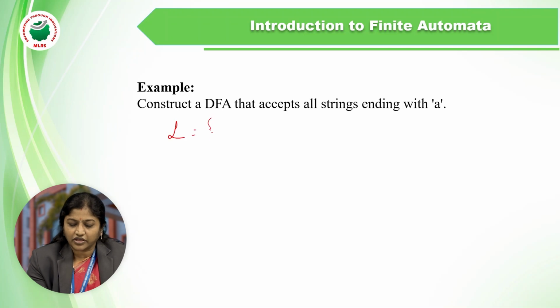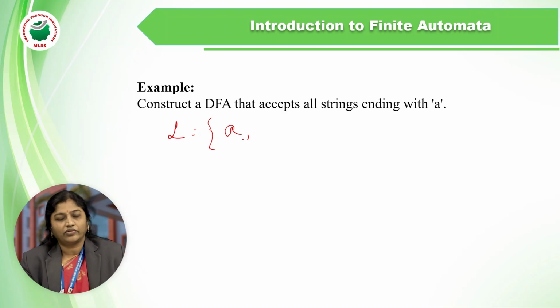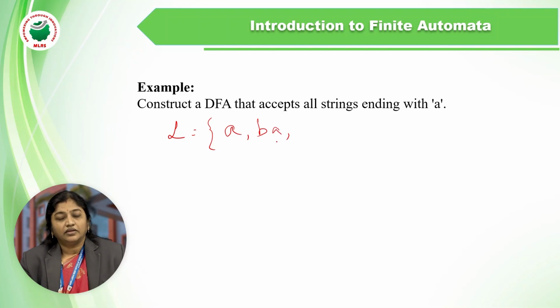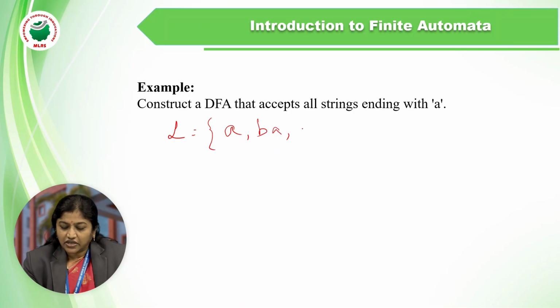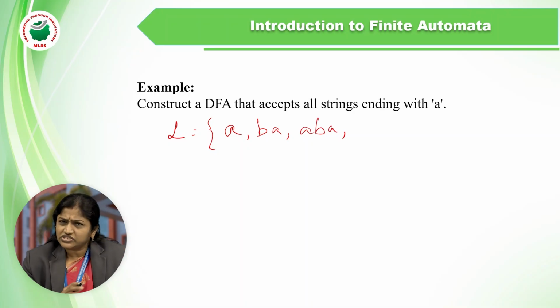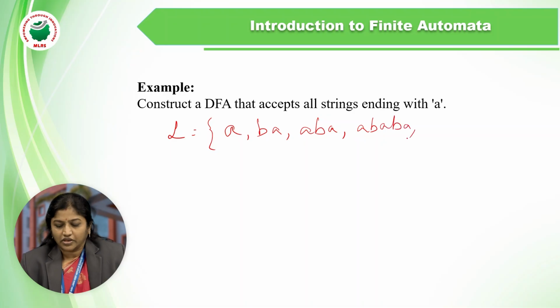Ending with A, we can just take it as A, then BA, ABA, because they said here it is ending with A. Whatever the possibilities of strings you can write, it should end with A. AB, ABA, BBA, anything it can be.